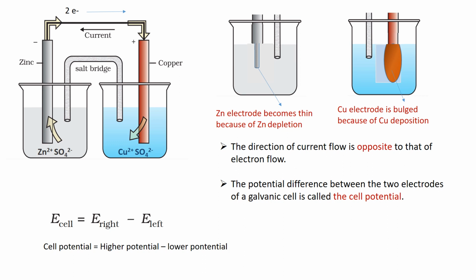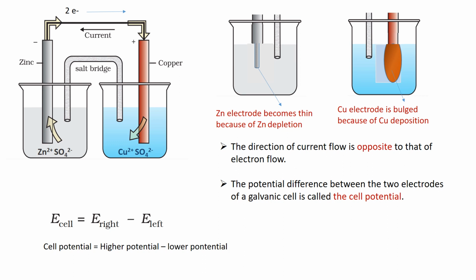Generally they call the cell potential the electrode potential of the right minus the electrode potential of the left, because on the left there will be an anode and on the right a cathode. So cathode minus anode will give the cell potential.